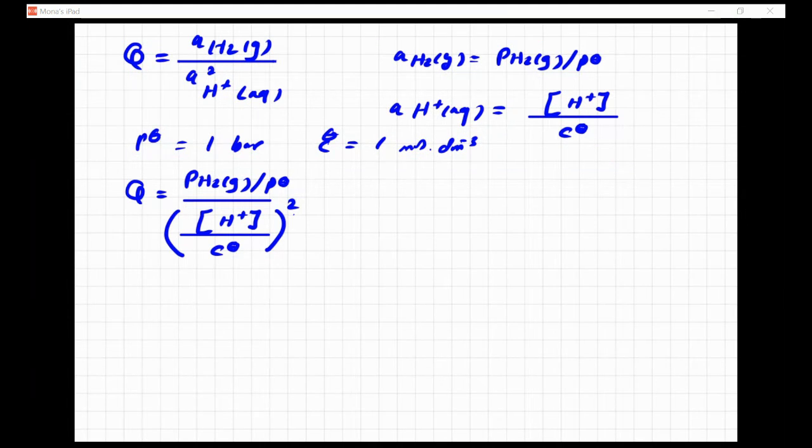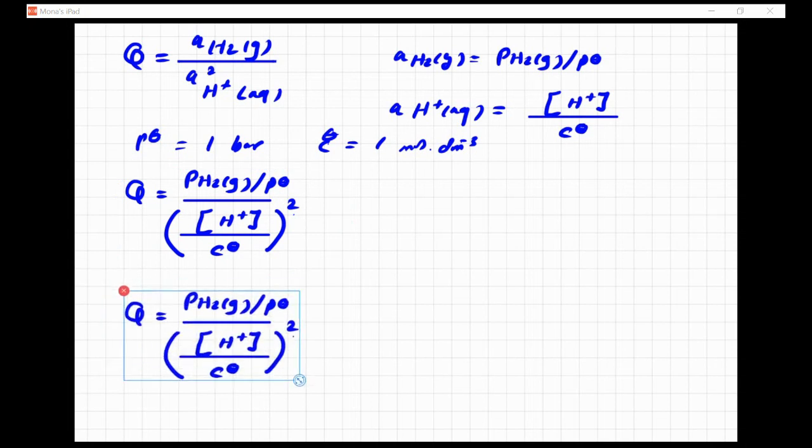Now I need quotient 1 and quotient 2, because I have concentration 1 and concentration 2. So quotient 1 is going to be the pressure of the H2 gas, which is 1.545 bar.